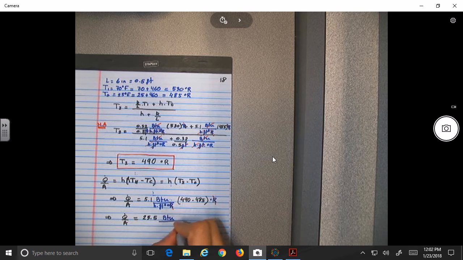BTUs in international units is equivalent to what? No, joules. And that's why you have divided by what? By hour, no? Yeah, hour. And we are calculating this as a function of what? Of the area, no? That's why you have left the foot square.